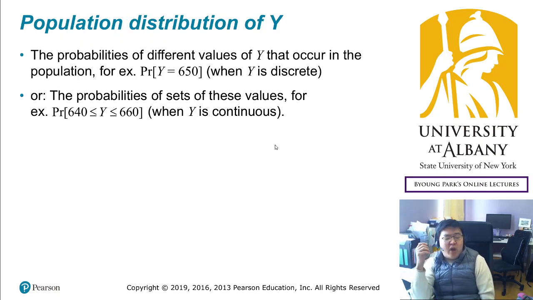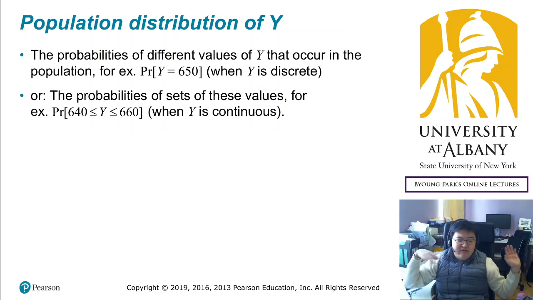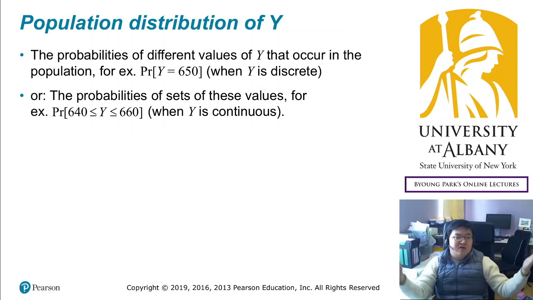If you assume that the population is fully observed, then you can think about the distribution of the population. If you observe the infinite number of school districts, you can calculate probabilities. What is the probability of a school district having an average test score of 650?